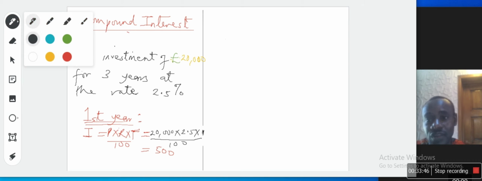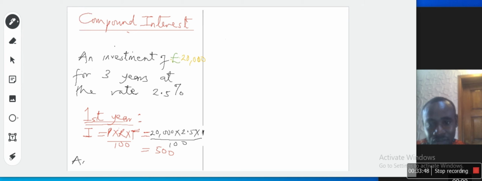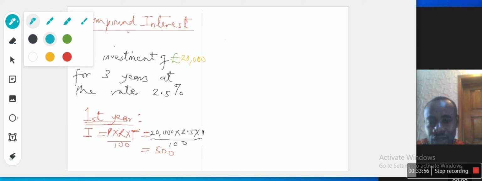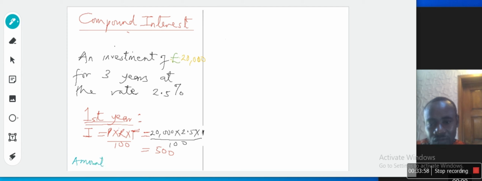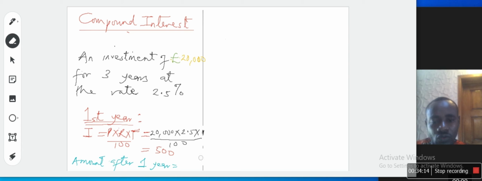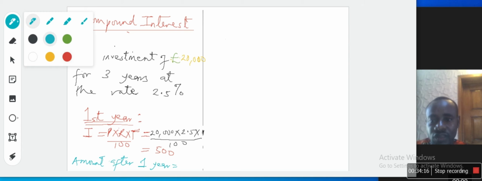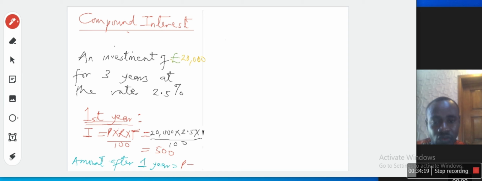All right, so the new amount after 1 year. I should use a different color so that this will make sense. Amount after 1 year is 20,000 plus 500, or if you can say the initial principal plus the new interest, which is 20,000 plus 500.